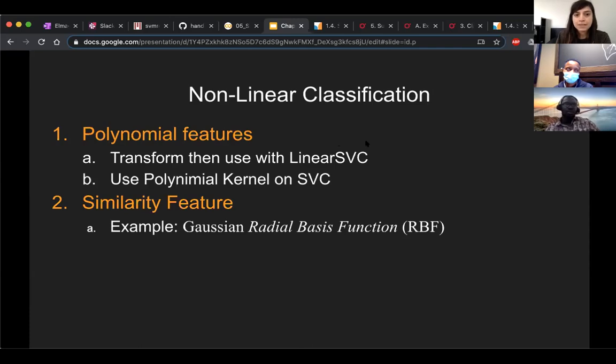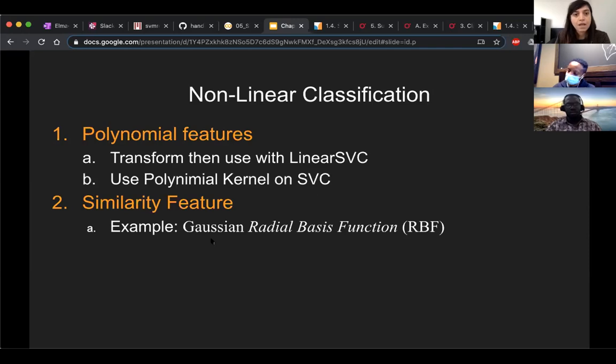By doing that, you will have two options: either you can feed those new features in a different dimension into your linear SVC model, or you can use an SVC with a polynomial kernel. Both of them are possible. Another way of dealing with nonlinear classification problems is extracting similarity features, and we will talk more about that with some examples.